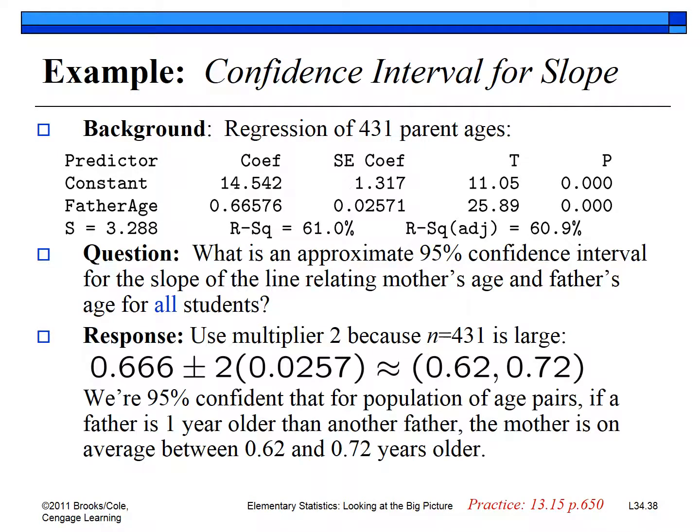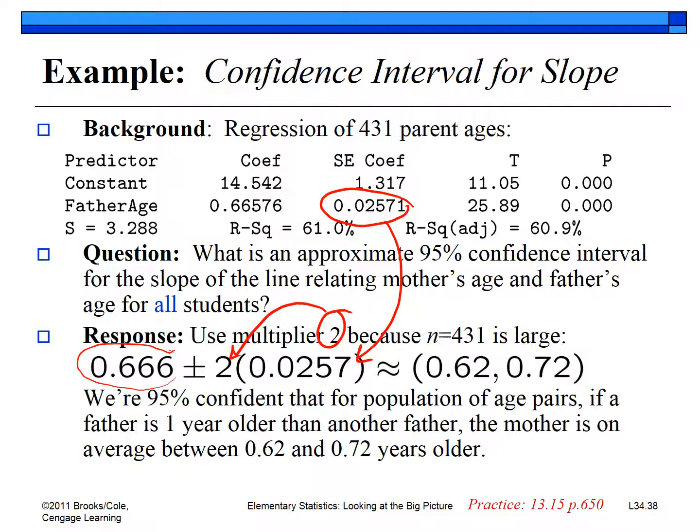We'll have the point estimate, 0.666, plus or minus the multiplier of 2 times, where did this number come from? That's the standard error for B1. And that gives us a confidence interval of about 0.62 to 0.72.